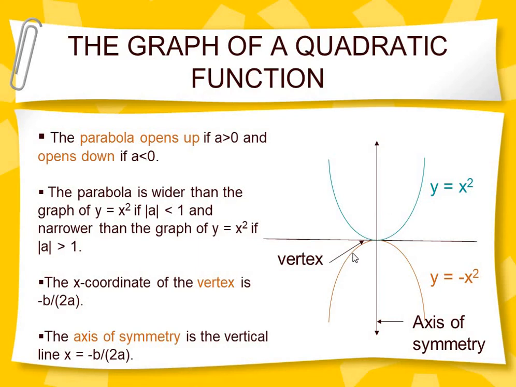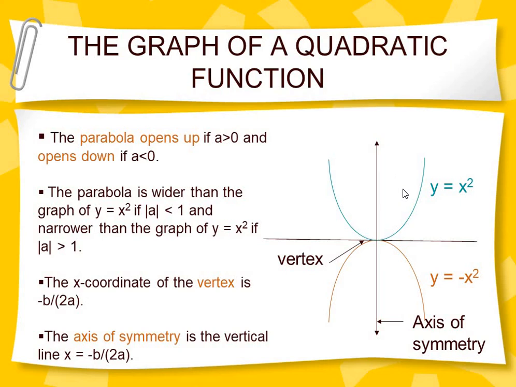Now, especially in this situation, I call this quadratic function the parent quadratic function. What is the parent quadratic function? It is the one in which b and c equal 0, and the vertex of it will be (0, 0).